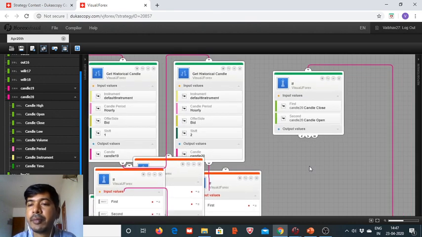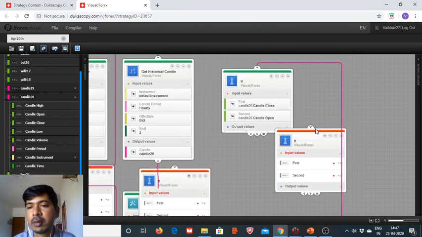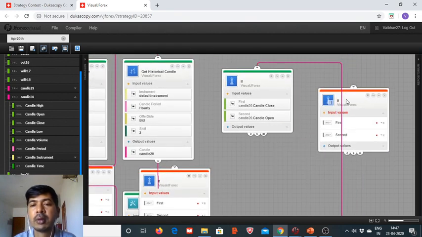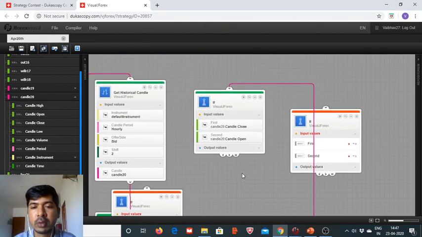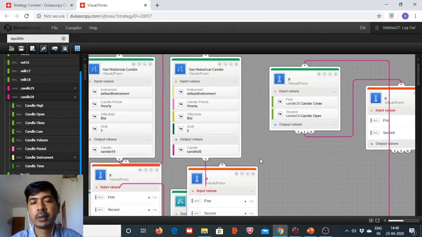And we will need to see this close value should have been greater than the open value. So we connect it here.